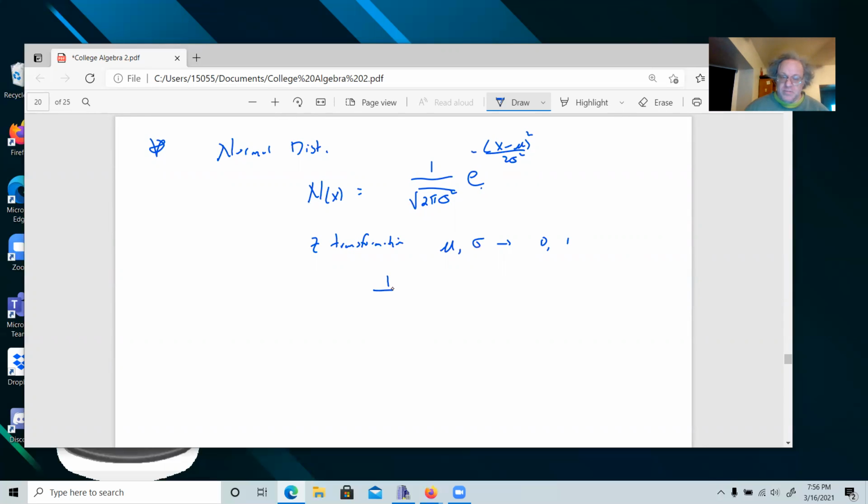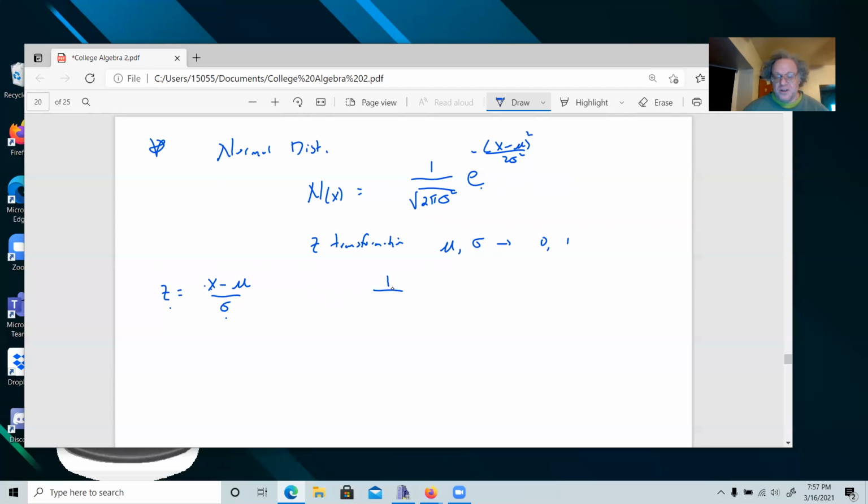This is a very simple transformation. Z is equal to x minus mu divided by sigma. This will give us a Z variable whose mu is 0 and the standard deviation is 1. If I take one standard deviation up, we're going to end up with just the standard deviations.